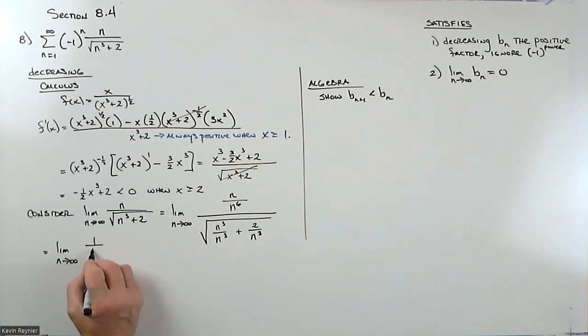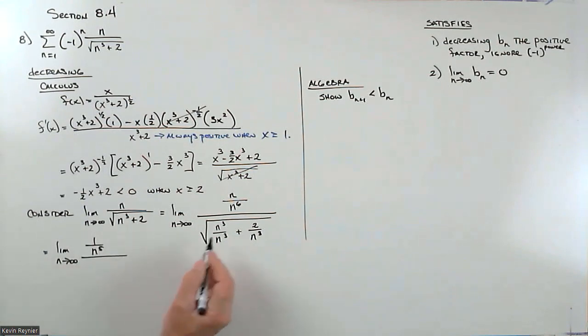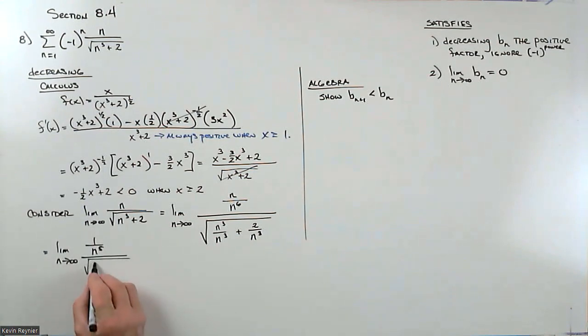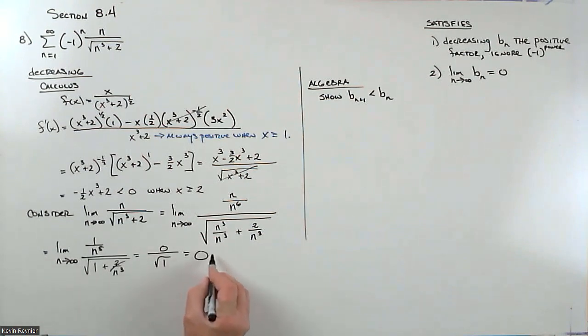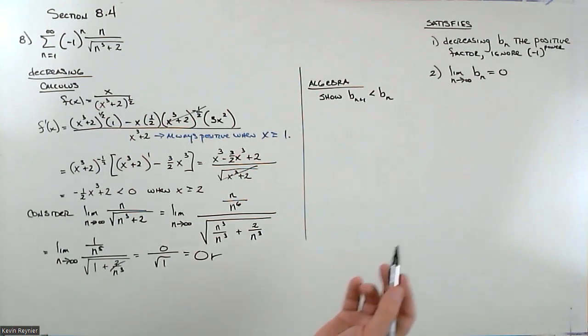We have 1 over n to the 5th in the top. Here we have the square root of 1 plus 2 over n cubed. And so this turns out to be 0 on the top. Here, this goes to 0, and I have the square root of 1, so I get 0. I've satisfied both conditions of the alternating series test, so therefore, this series converges by the alternating series test.